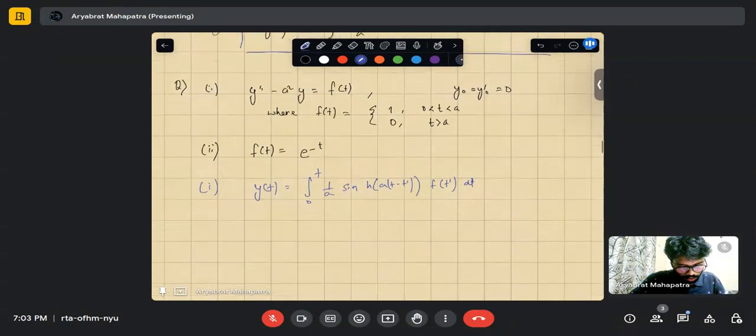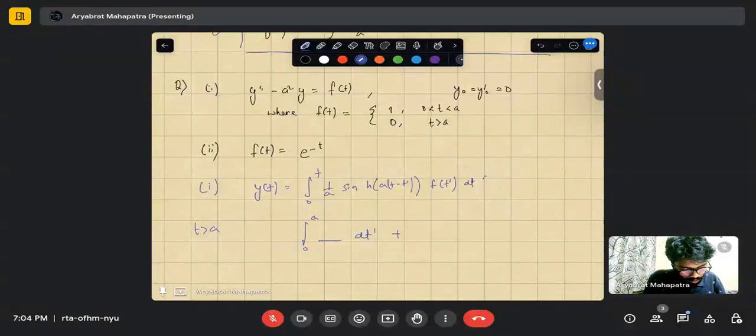Again, here also you will do the same splitting. First, you will calculate for t less than a, and then the same way as we did, for t greater than a. You will have to solve this integral.